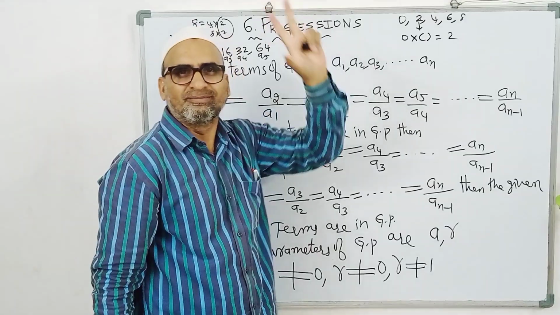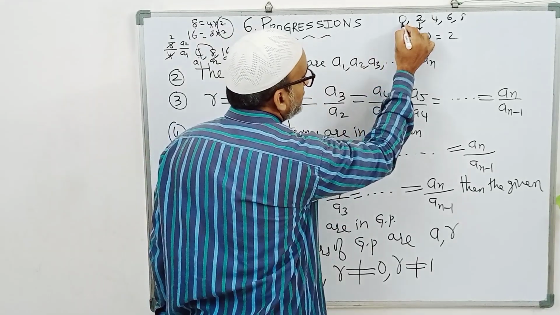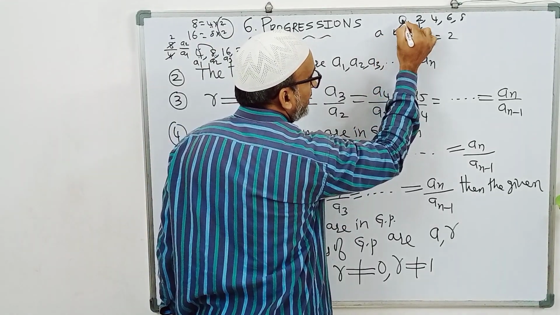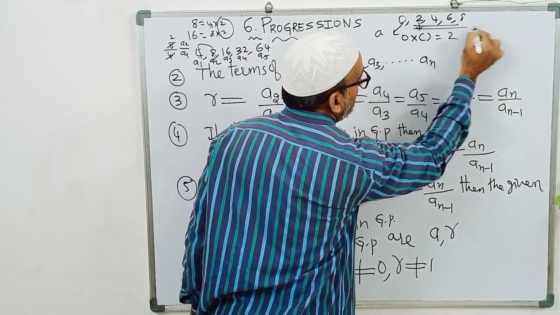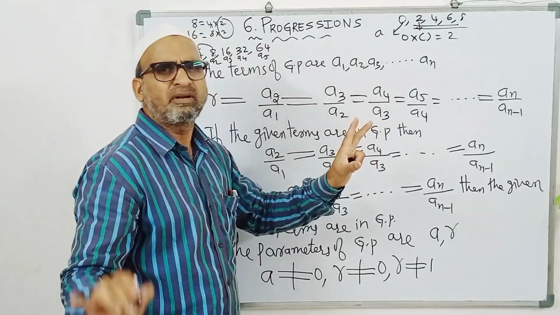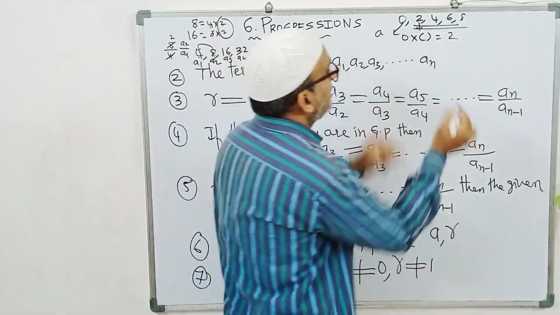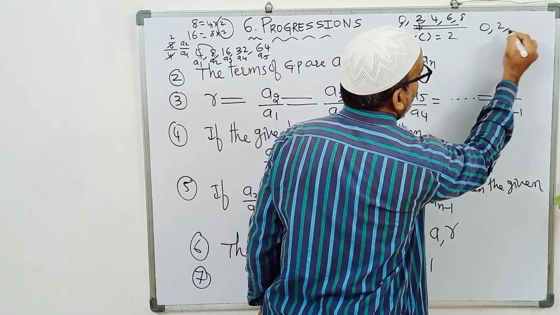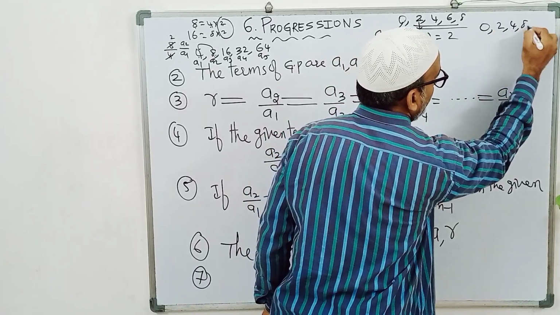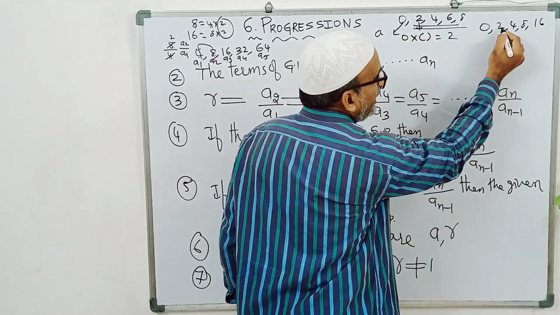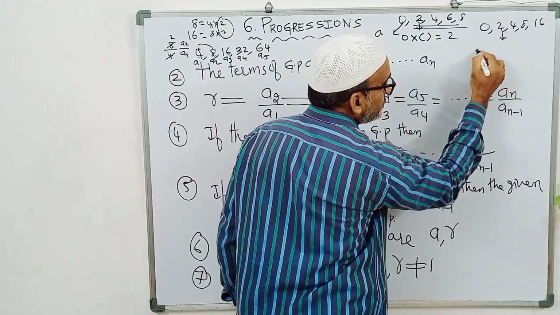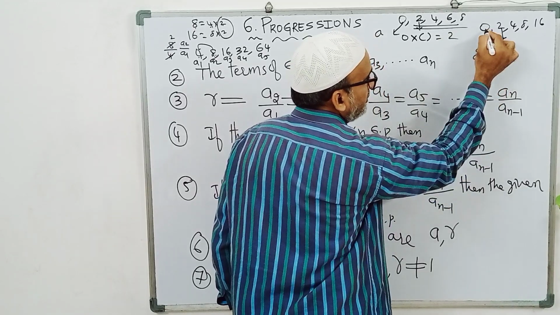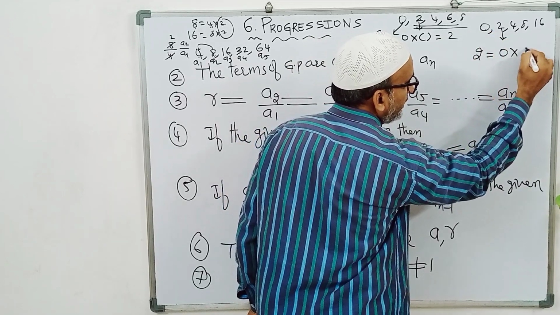In the place of A, if you are taking 0, these terms you will not get. Suppose, sir, 0 comma 2 comma 2, 2 to 4, 4 to 8, 8 to 16. To get this 2, how you got this 2 means previous number 0 into fixed number.